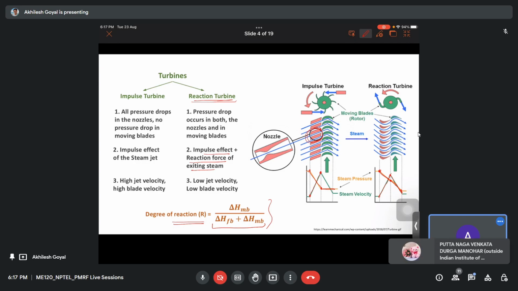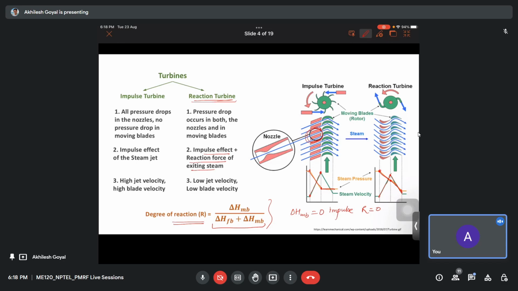So it is a ratio of the enthalpy drop in moving blades and the total enthalpy drop. So for the case of an impulse turbine, del H moving blades will be 0, which means R, the degree of reaction, is 0 for an impulse turbine. But for reaction turbines this del H MB, that is the enthalpy drop in moving blades, will be a non-zero term.